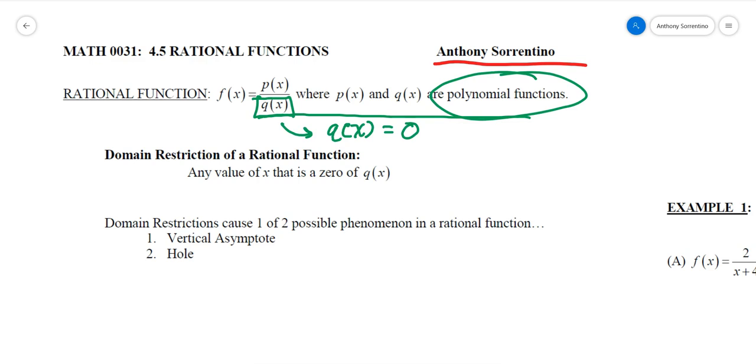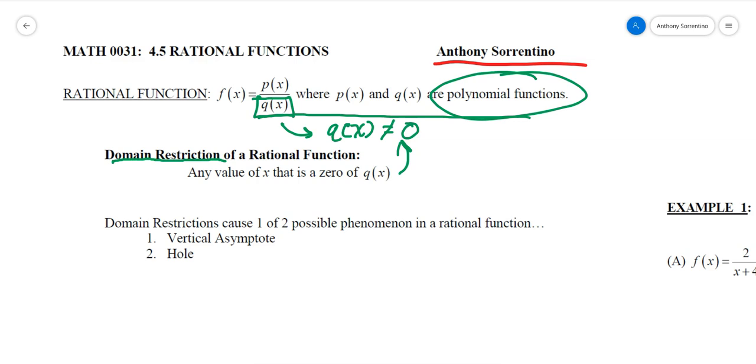But that is something we don't want, because that means for that particular value of x, this new function that's the result of dividing these two other functions doesn't exist. So what we have to keep in mind is that we do have domain restrictions of rational functions. It's any value of x where x is a 0 of q of x. So again, we don't want this to happen. We want q of x to not equal 0.